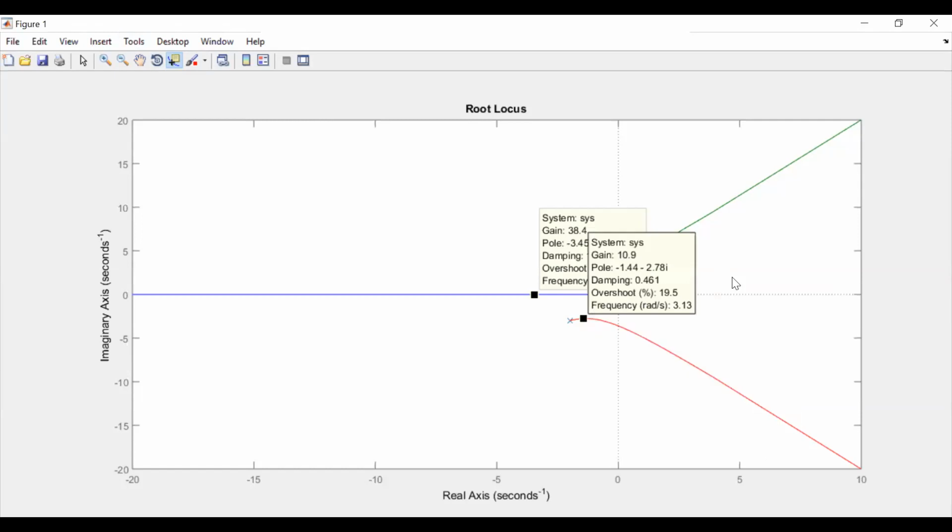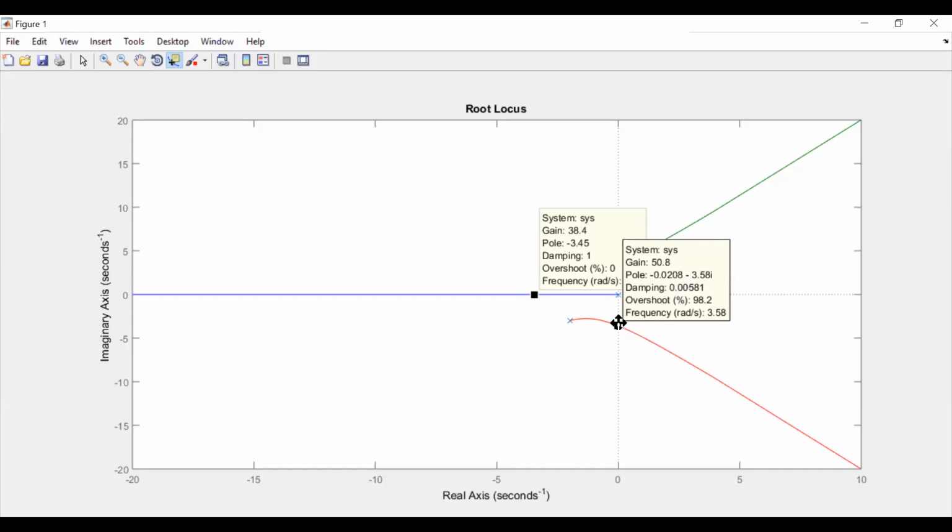Here it is crossed. Here it is minus j 3.58. What we have got is plus or minus j 3.6, and the gain was 52, but here the gain is showing as 50.8.